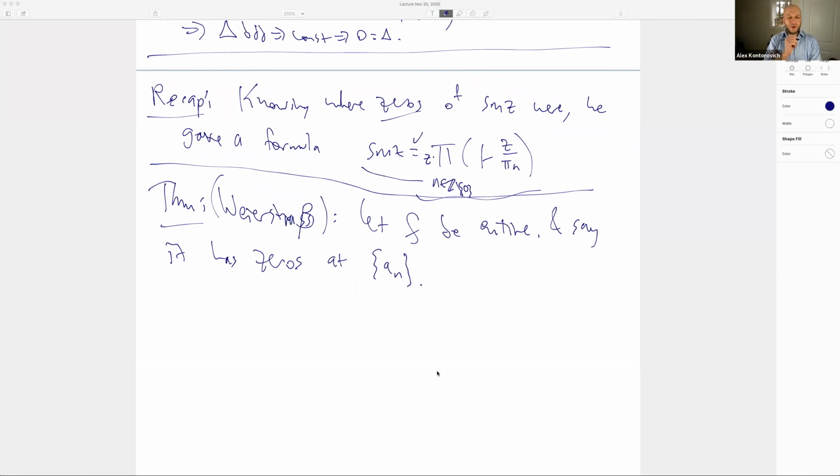All I know about those zeros a priori is that they don't have an accumulation point. Let f not be the constant function 0. So the a_n have no accumulation point.